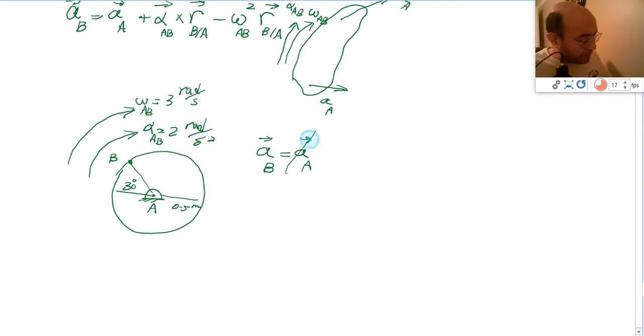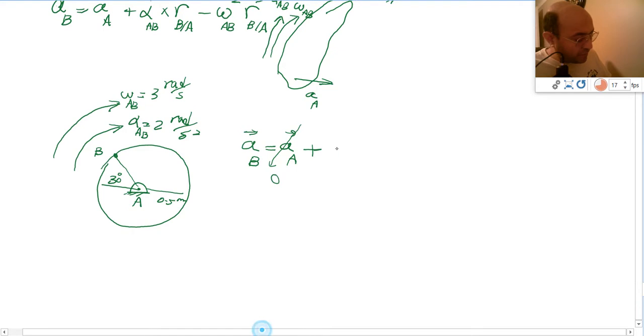Acceleration of point A is simply 0, because point A is constant, it doesn't rotate. Now alpha and omega, both of them are rotating clockwise, so both of them are negative. The alpha is actually minus 2k. Why minus 2k? Because it's rotating clockwise.